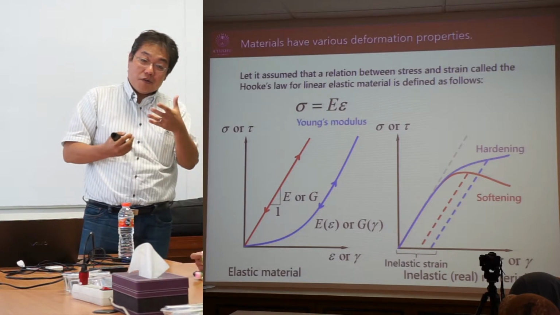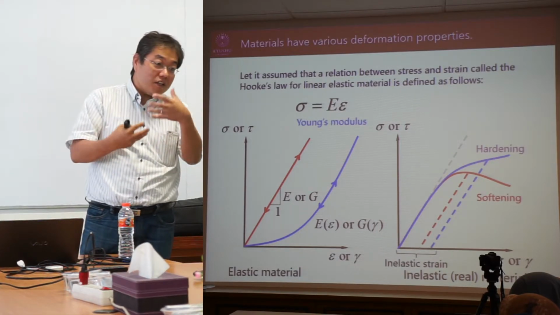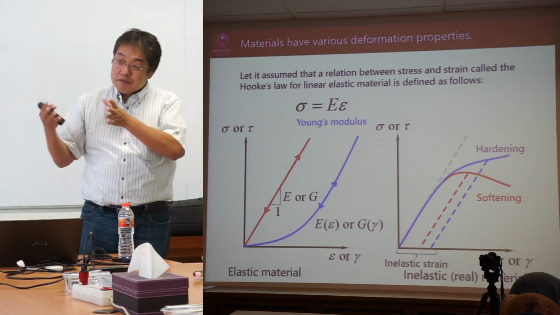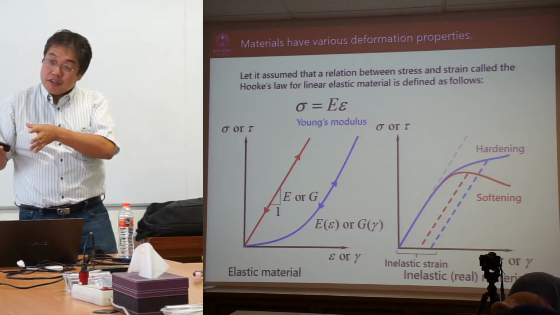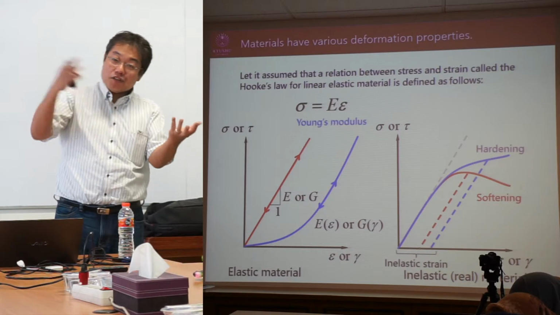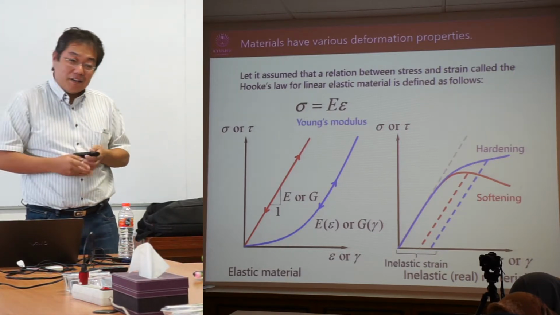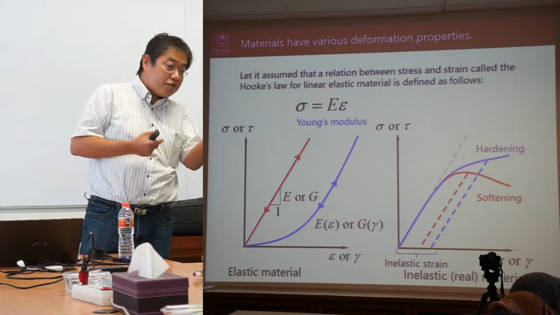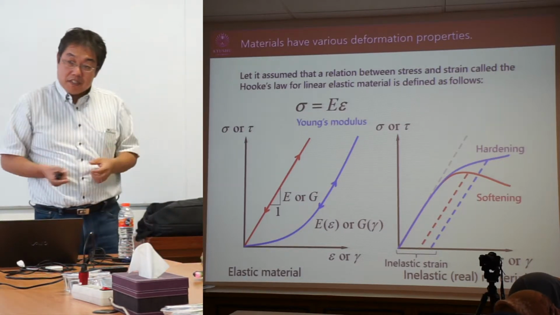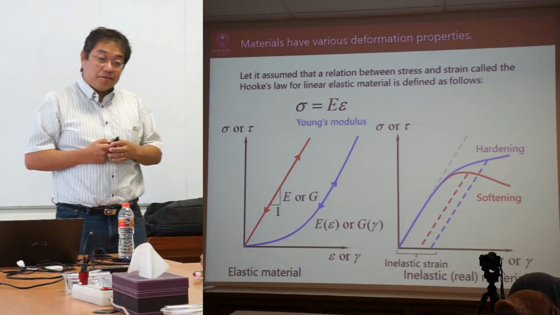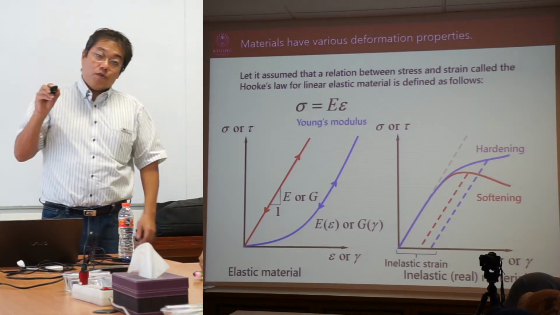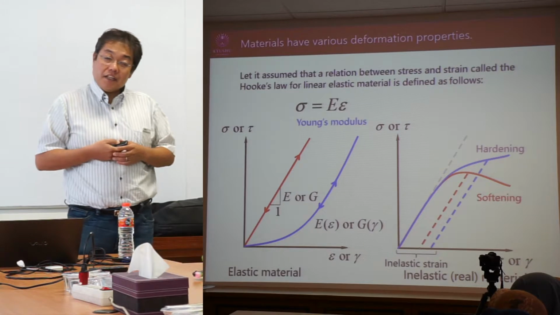So we have to consider what kind of damage occurs inside the material. In that case, we have to make a constitutive model, a material stress relation, or deformation and stress relation. This is very important. So in this blue curve, this is the hardening material.